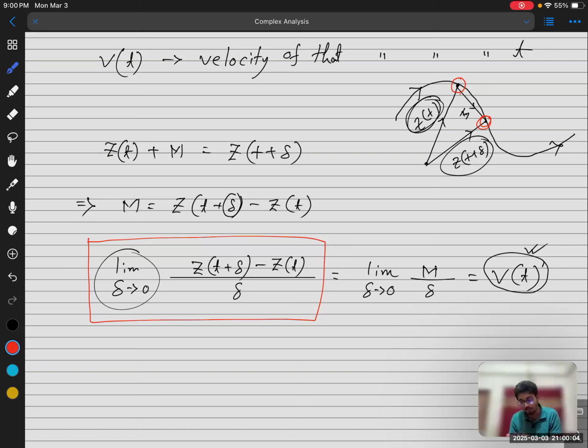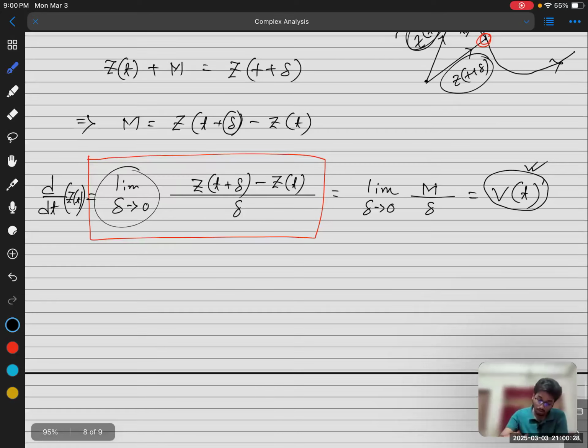For the time being, we are considering z of t as a real valued function. So this is the basic definition of the derivative of function z with respect to t. So we can say that d/dt of z(t) is going to be this.